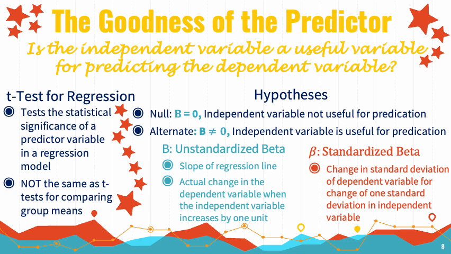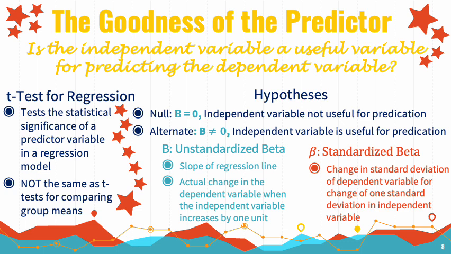Your alternate hypothesis will look like b does not equal 0, or the independent variable is useful for prediction. These hypotheses beg the question, or should beg the question, what is b? B is the unstandardized beta. In other words, b is the slope of our regression line.